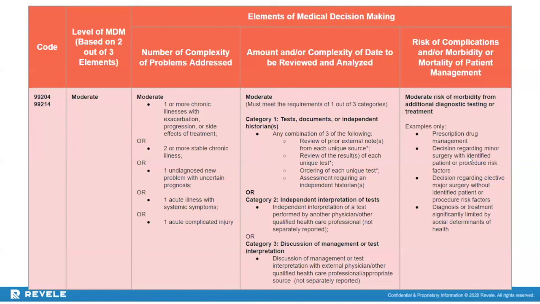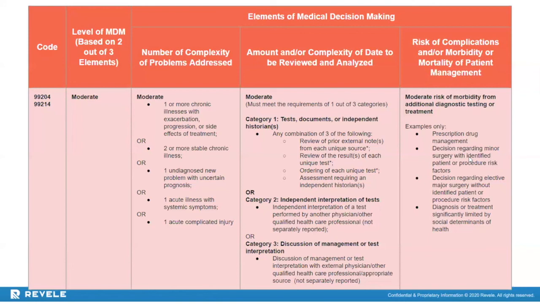For the amount and/or complexity of data to be reviewed and analyzed, which must meet the requirements of one out of the three categories. Category 1 would be tests, documents, or independent historians. And this can be any combination of the following.